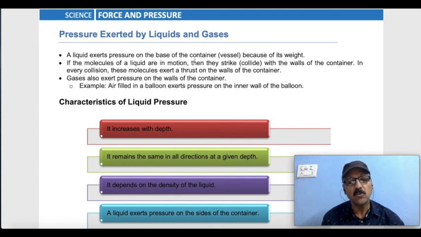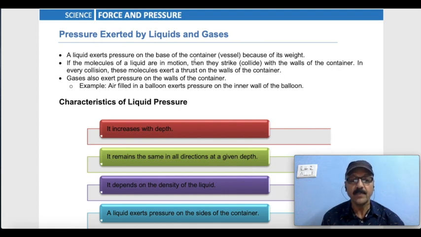You will observe that water comes out from all the holes with the same force and falls at the same distance. This shows that liquid exerts the same pressure in all directions at a given depth, because the holes are at the same height.